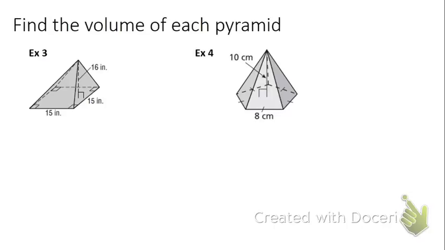We're going to skip example 3 and do example 4 because it's another wonderful pentagon. So volume equals 1/3 the base area times the height. We need to do a lot of work to find this base area, don't we? Every single one of these sides is 8, right?